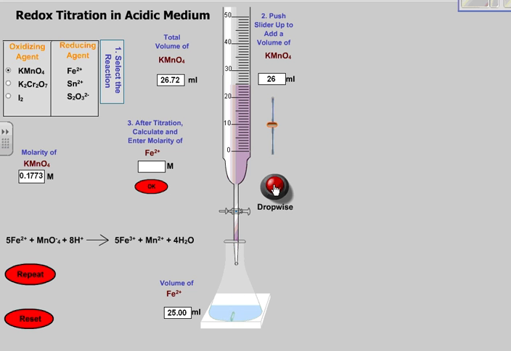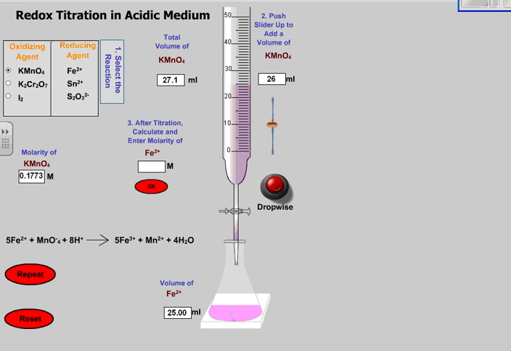And I think I would rather have the burette stopcock to turn rather than pushing the button on the board here. There we go. So we've now changed color.